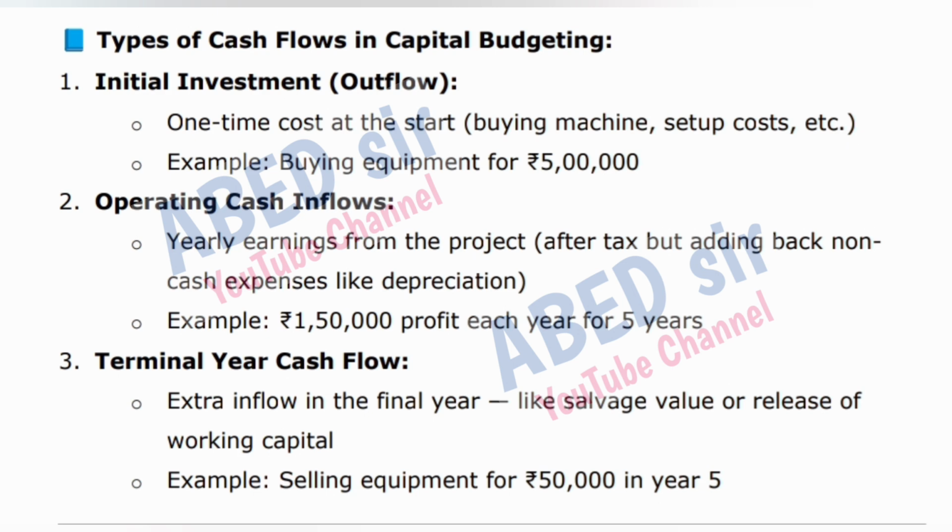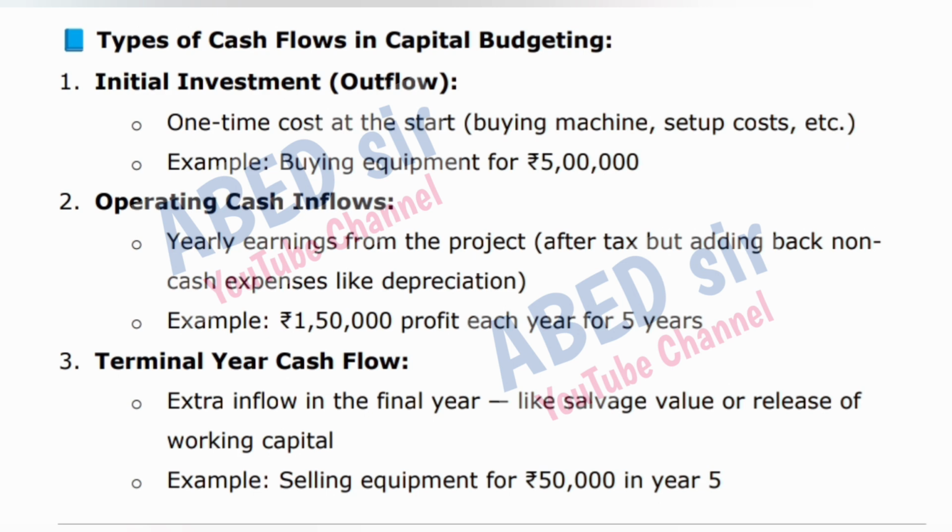Types of cash flows in capital budgeting. 1. Initial investment outflow. One-time cost at the start, buying machine, setup costs, etc. Example, buying equipment for 5 lakh rupees. 2. Operating cash inflows. Yearly earnings from the project, after tax but adding back non-cash expenses like depreciation.